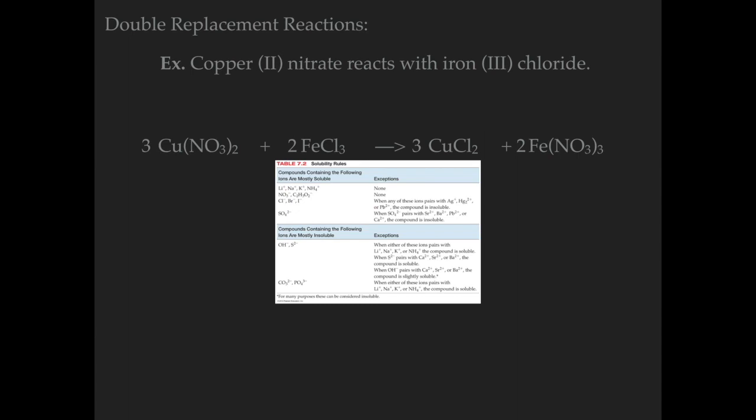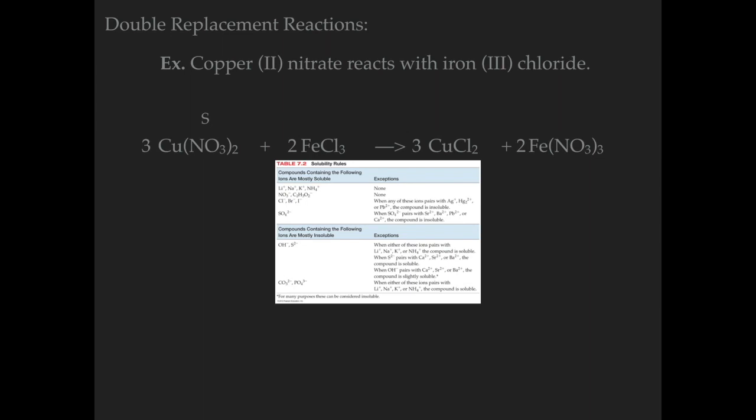For example, if I look at copper nitrate, I see nitrate. I look at my table and it says for nitrates, NO3, that compounds containing the following ions are mostly soluble. But notice it has no exceptions, which means nitrate is always soluble. So I'm going to write soluble on top of that, because I'll use that information in just a second.